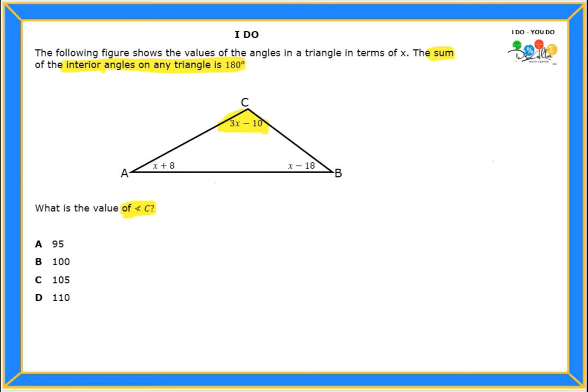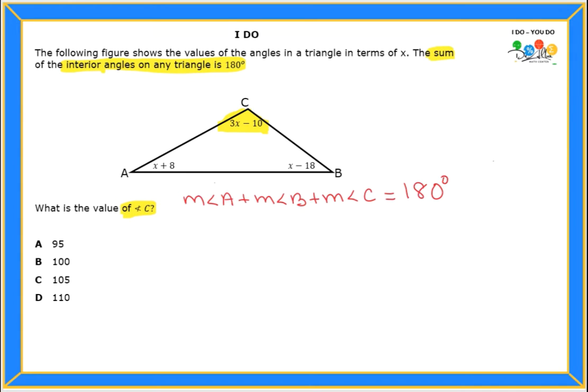That means that the measurement of angle A plus the measurement of angle B plus the measurement of angle C, all of that needs to be equal to 180, right? So now that's going to help me because all my angles A, B, and C have the same variable, right? So we should be able to work it out.